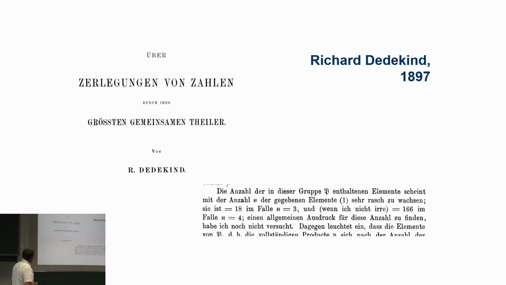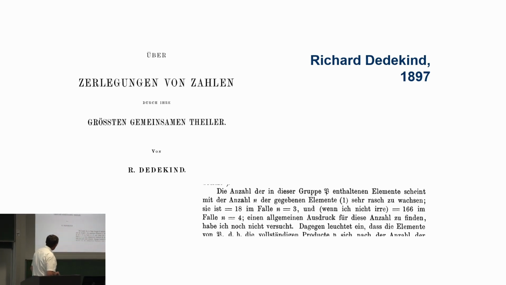But at the end of the paper, he wrote this paragraph, and he says the number of elements in this group. He was talking about a group that has to do with those. How many elements are there in there? I tried to compute them, he says, and it is 18 in the case n equals 3.